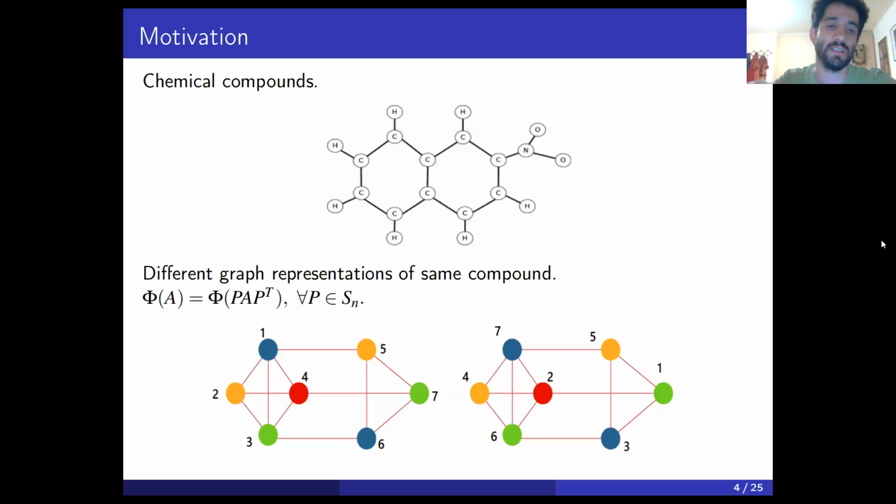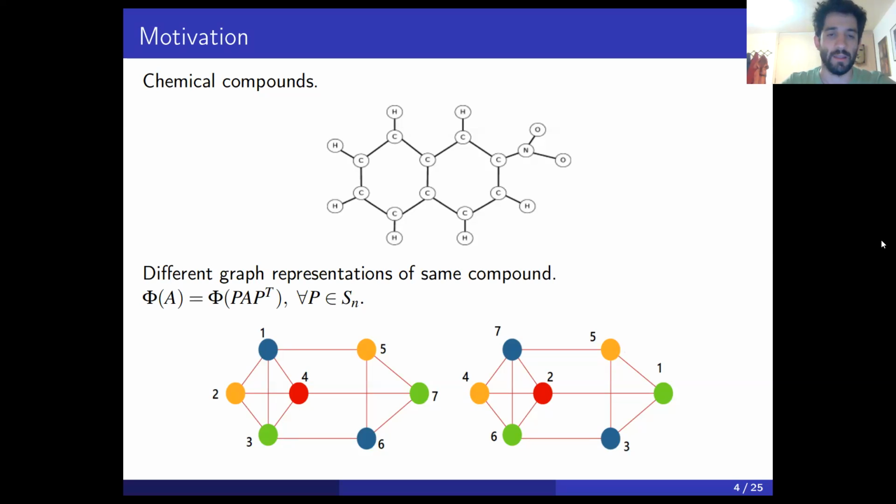So in this case, we have a matrix again as an input, and if we perform any permutation of the rows of the matrix and then exactly the same permutation on the columns of the matrix, we want to have again the same result. We don't want to have any difference. So this is another example where we have a symmetry and we want our model to be invariant under that symmetry. Here it is both row and column permutation. In the previous example, it was just row permutations.